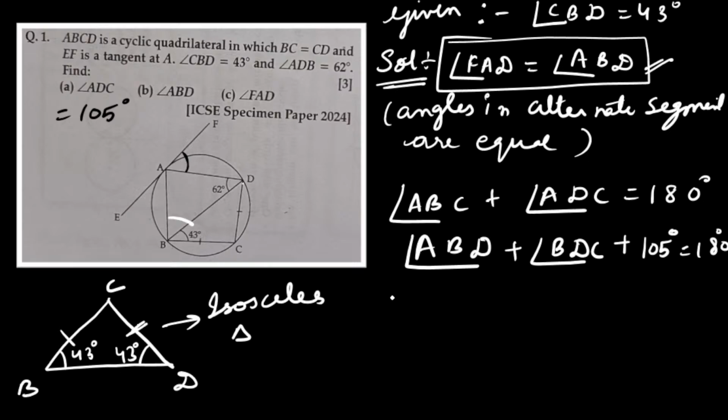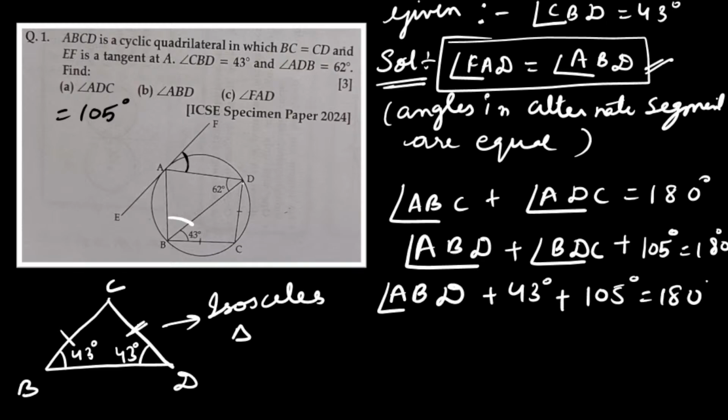So ABD I have to find. BDC I already know, 43 degree. It's given to us, and this is 105. If you simplify this, if you solve it, you will get the answer as 38 degree. You just have to shift these to the other side.